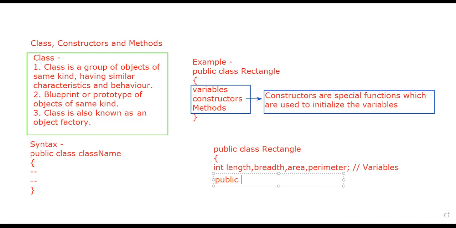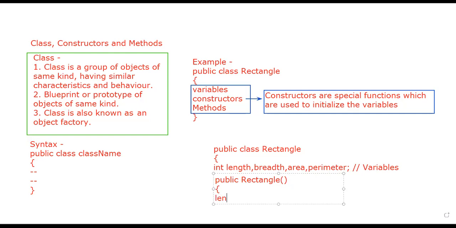So I'll write public Rectangle. And it is a method. Since it is a method, it should have a curly open and close. What will it do? It will initialize. Okay, what will it initialize?